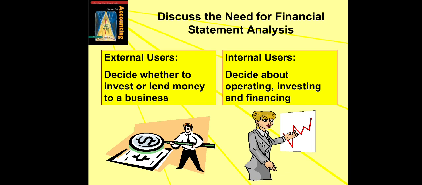Creditors also do financial statement analysis because they want to make a credit decision. What else? Government does financial statement analysis, specifically the tax authority. Every year they do the financial analysis and then they decide about the tax rate, how much they want to tax the business profit.